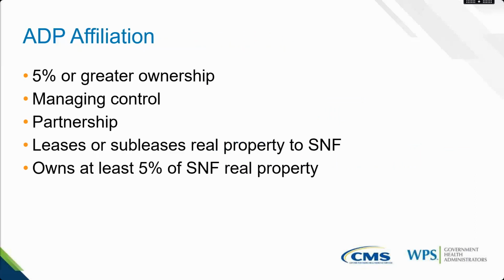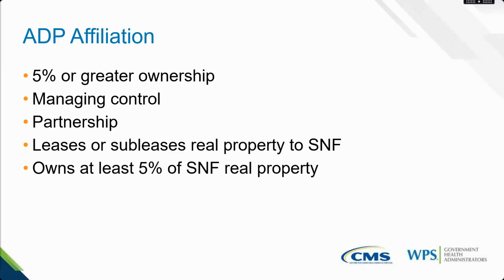So the bottom line here with all of this, with ADPs, is really that we need to have all of the managerial control, all of the ownership, and all of the ADPs reported. And they have to report all of 5% or greater ownership, again, except for LLCs, the percentage there doesn't apply.